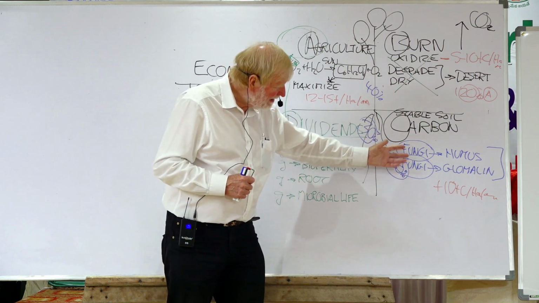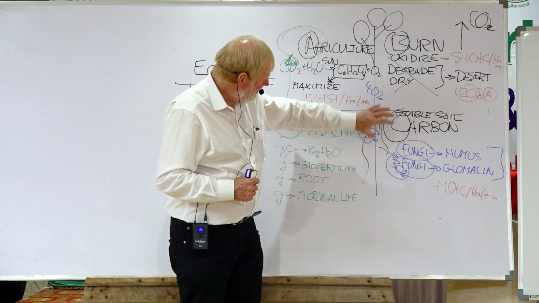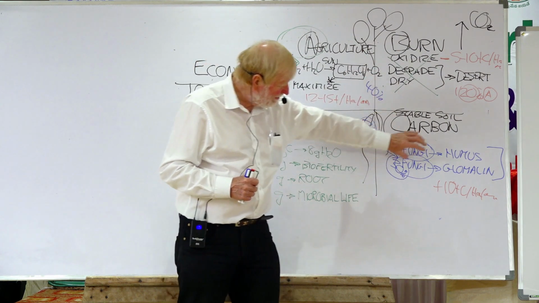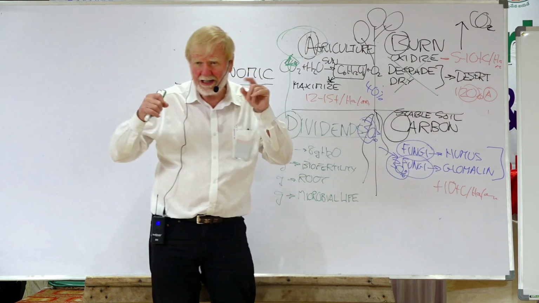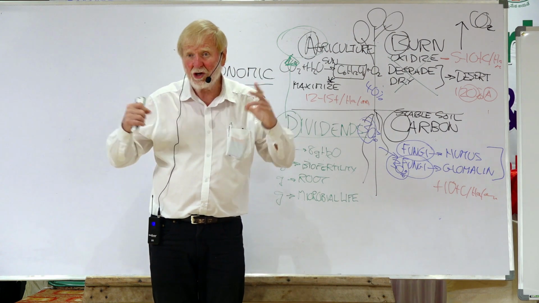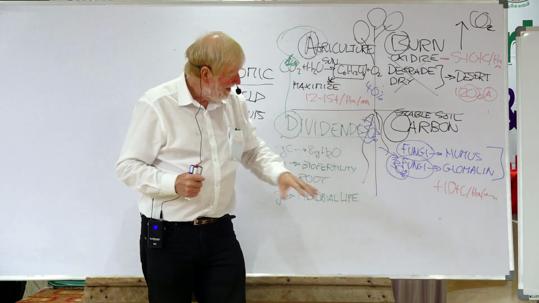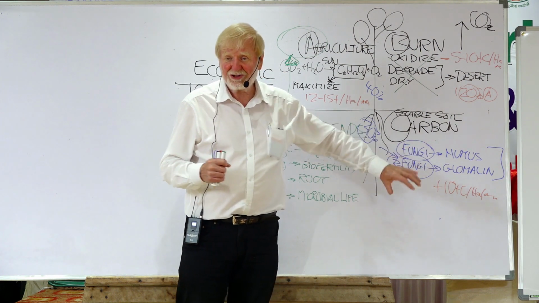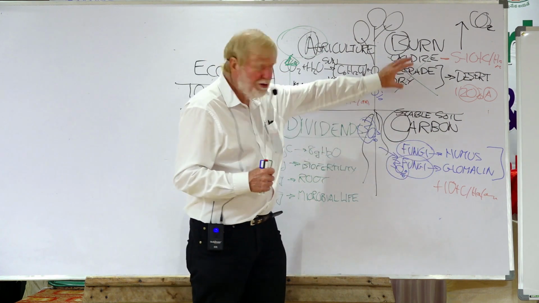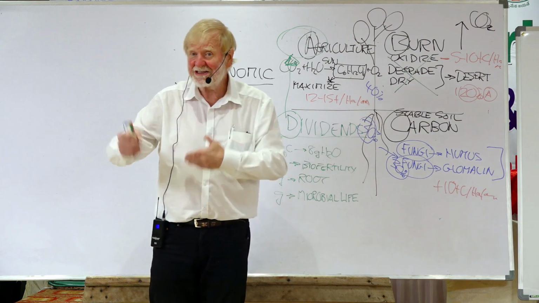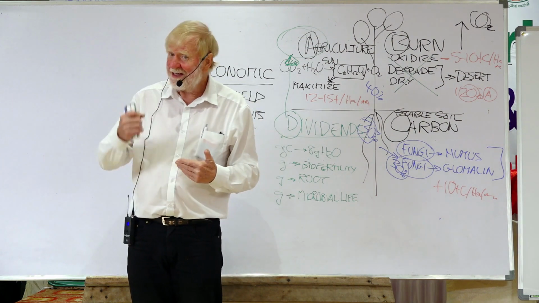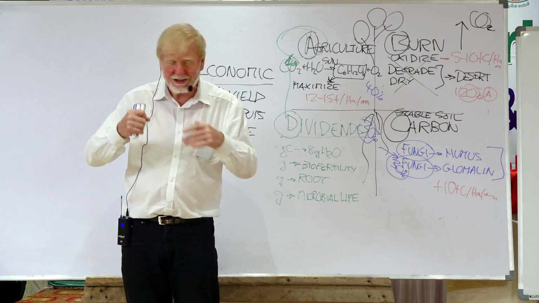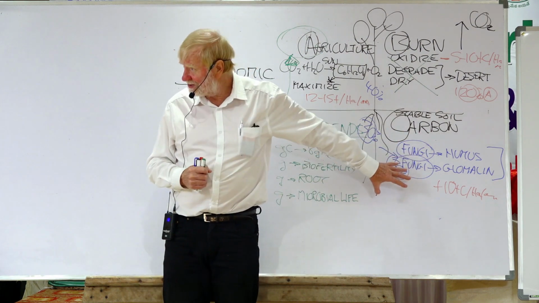There are fungi that are actually turning cellulose, lignin into humates and glomalin, which are biochemically inert compounds. But by the simple activity of these fungi in the soil, because they're using oxygen as part of their respiration, they are creating lower oxygen partial pressures in that soil.